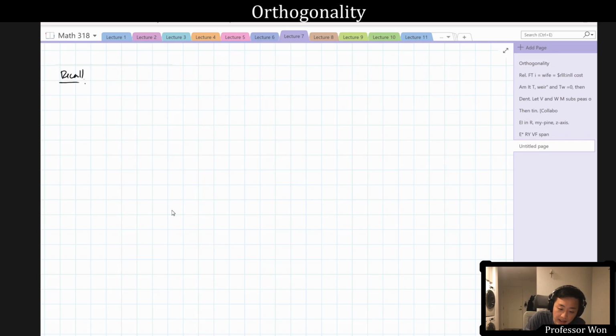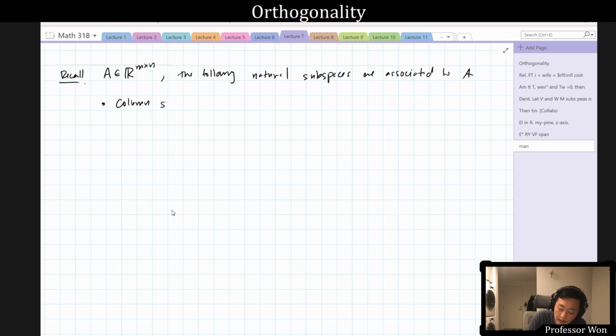So recall that if A is any m by n matrix, then we have the following natural subspaces associated to A. Okay, so the first one is called the column space. That's denoted Col(A).